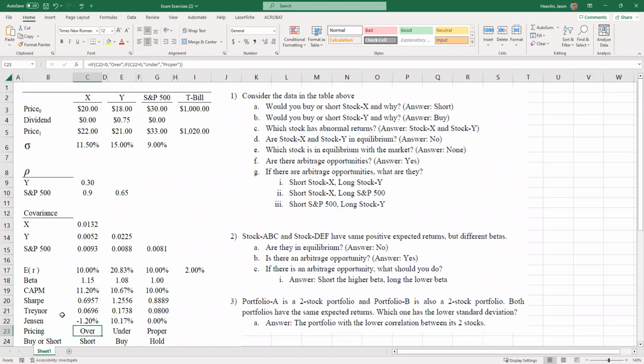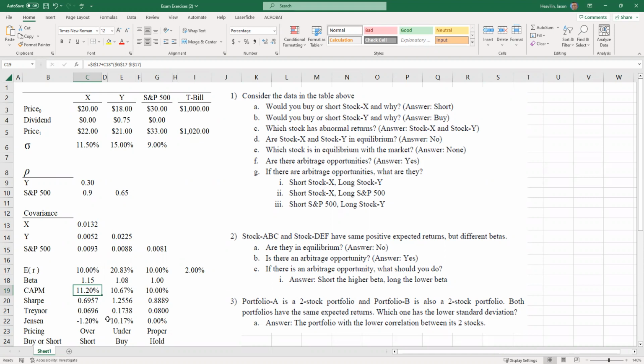Now, I do have an if statement in there, but that's just so when I change the numbers for different practical exercises, it updates automatically. But what you need to know is if the expected return is less than the CAPM, it's overpriced, meaning that the price has to come down in order to meet the required return.